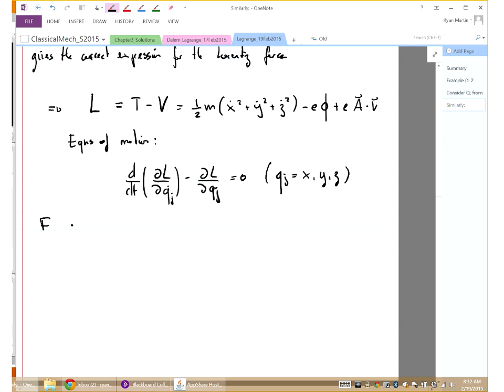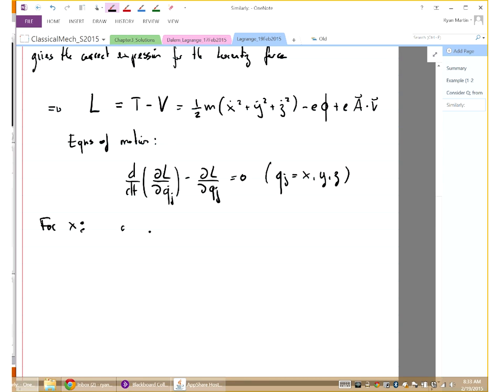So let me plug that in for x. We've actually already done d/dt of ∂V/∂qj dot minus ∂V/∂qj. That gave us Qx, right?